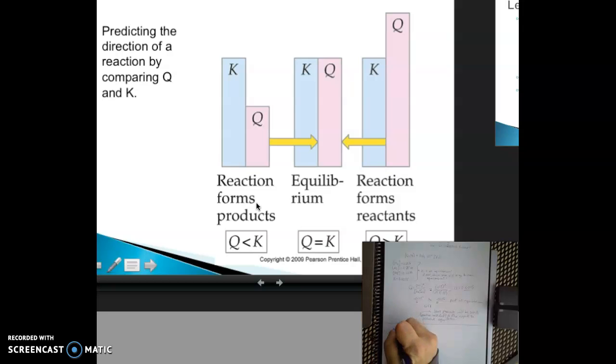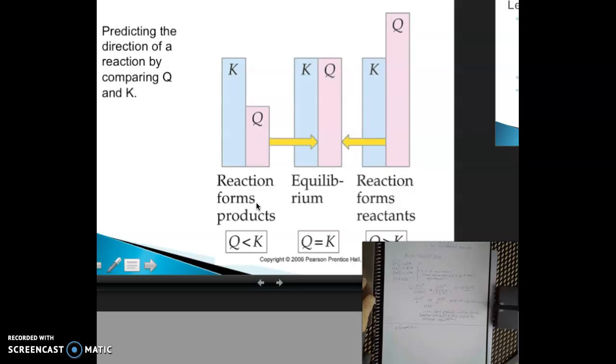So second big topic of the day, Le Chatelier's principle. This describes how a reaction shifts in response to stressors that are placed on the reaction. So if I change the pressure, or if I change the molarity, or if I remove or add reactants or products, what's going to happen to my equilibrium position?